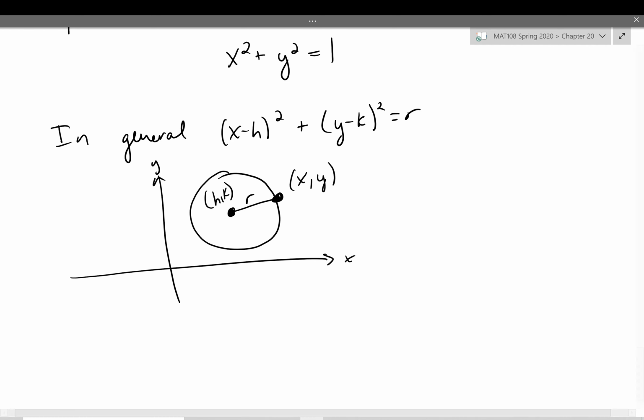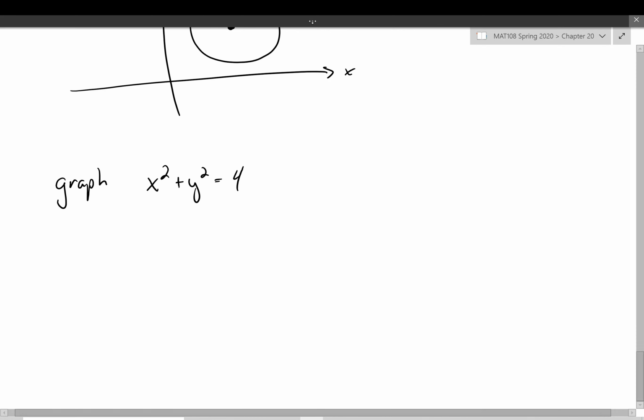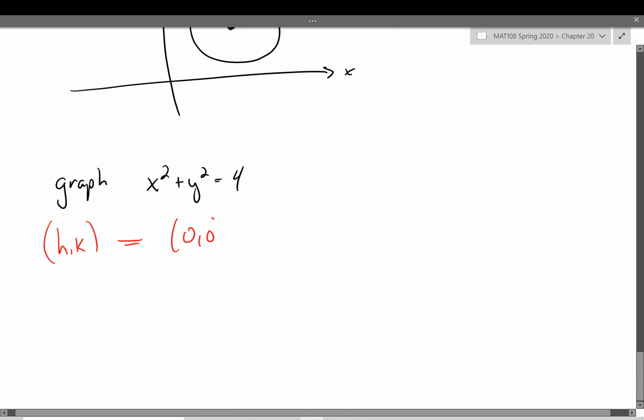So what we're going to do for now is graph x squared plus y squared equals 4. Now, this is very simple to do. First, recognize that our center h comma k equals 0 comma 0.